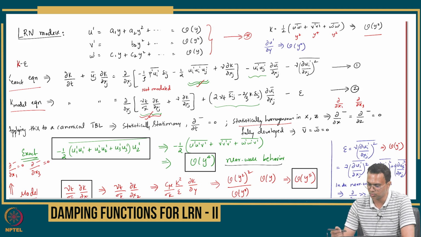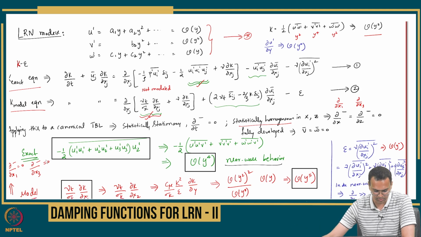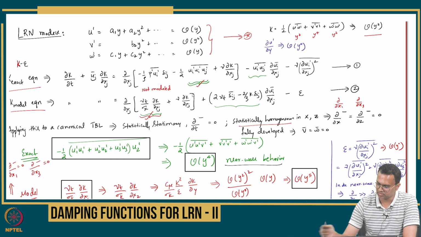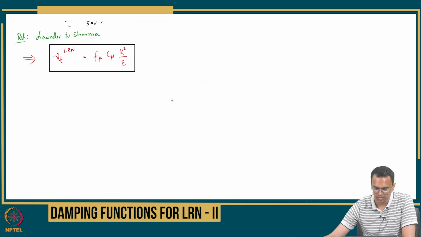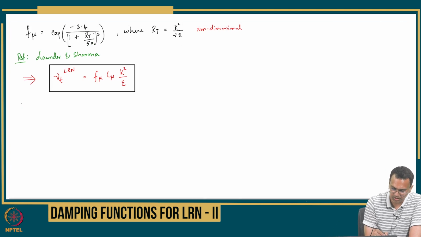So before that, let's go and see what is the behavior that I get for these two production terms, right? So the diffusion is done. Now let me go and see here the production rate, right?